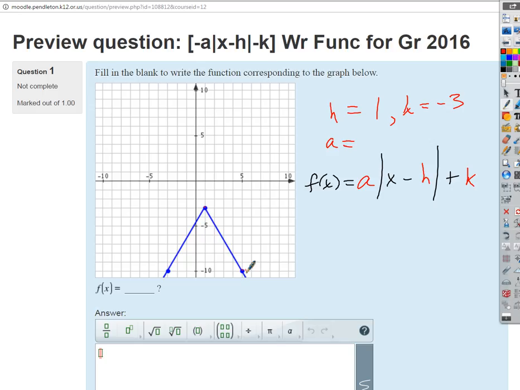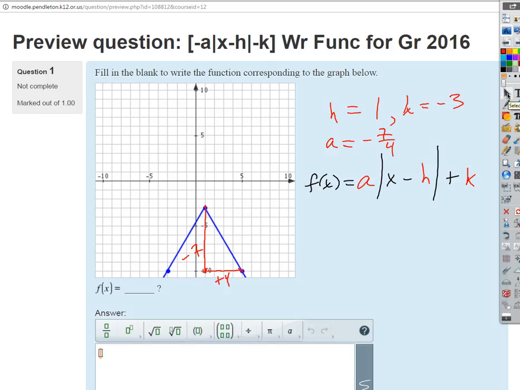So I'm going to go down, how far? 1, 2, 3, 4, 5, 6, 7. So -7, and I'm going to run by 1, 2, 3, 4. So what's that slope? -7/4. Yeah, so A is -7/4. So then all I've got to do is input that.